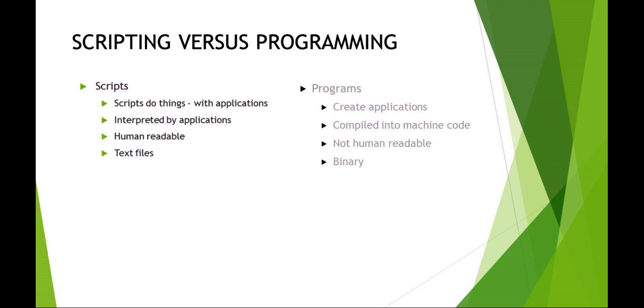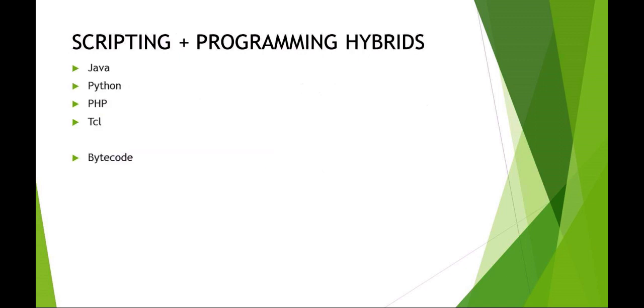Scripts are human readable text files, and programs are not human readable, they're binary. There are some things that are sort of like a script-programming hybrid, things like Java, Python, PHP, TCL. Those can all be pre-compiled from scripts into what's called bytecode.